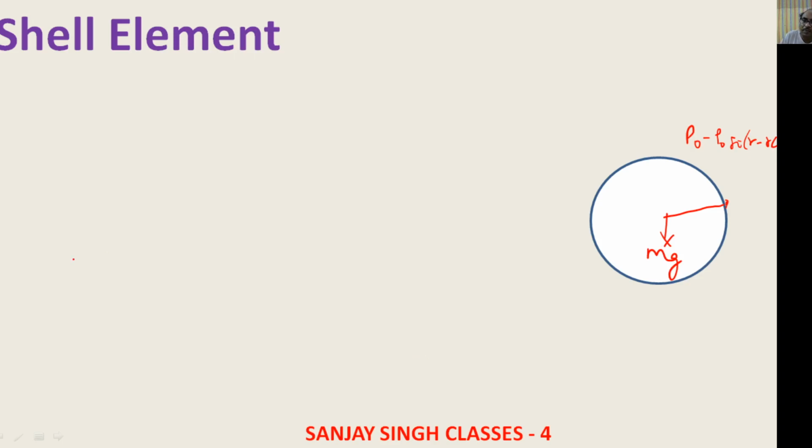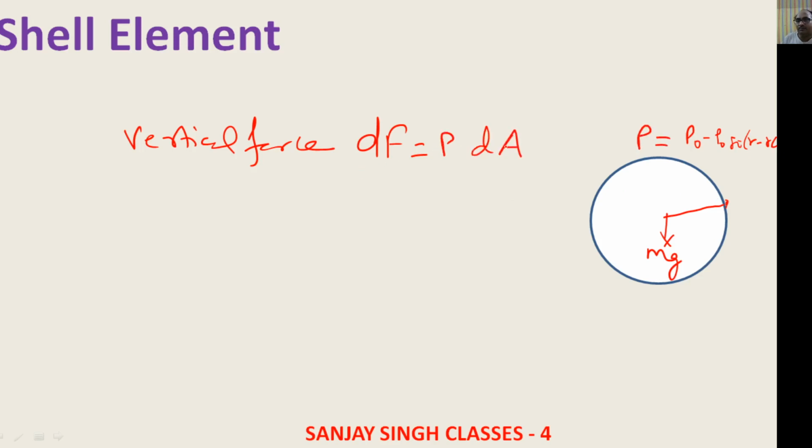So now the vertical force dF will be equal to the pressure P acting on any part of the element, so dF is equal to P dA. Now dA we need to find out.